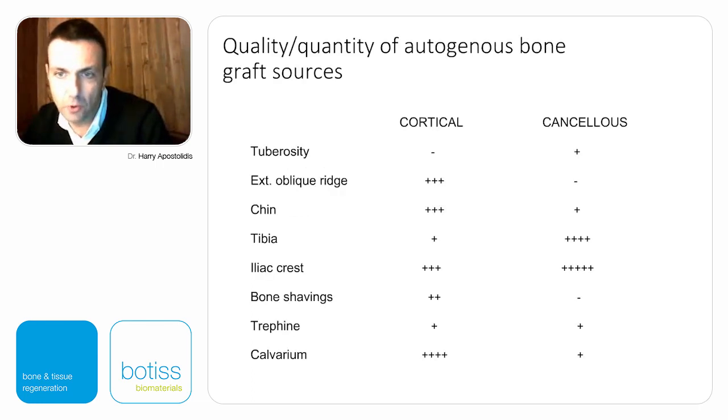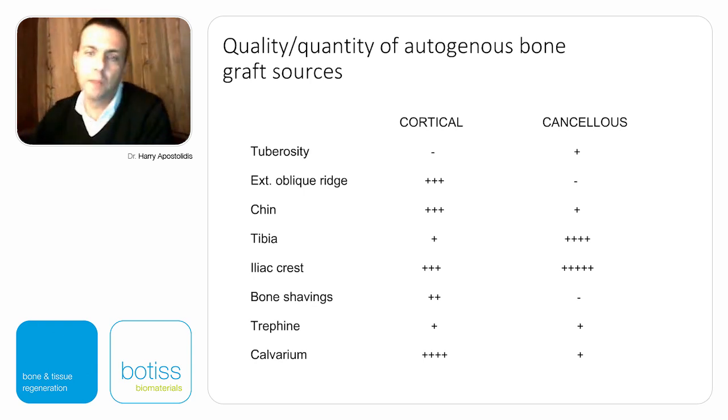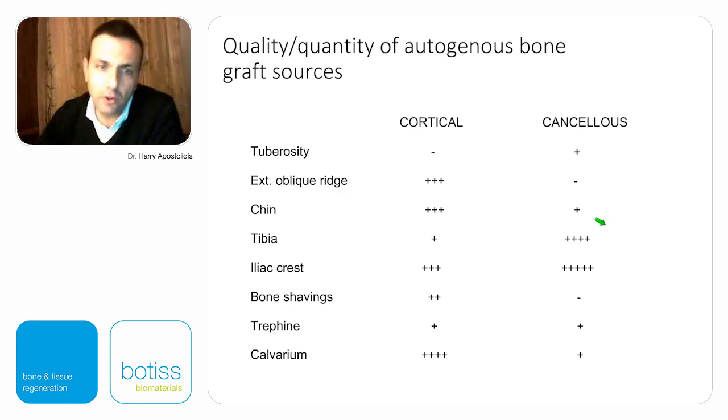We're not gonna go into that. We mentioned all of this almost, but I want to show you the bone shavings. It's a very, very nice source of autogenous bone, cortical bone, but it's particulate, and it's full of BMPs, and it's an osteoinductive bone graft. So why not use this instead of an allograft?